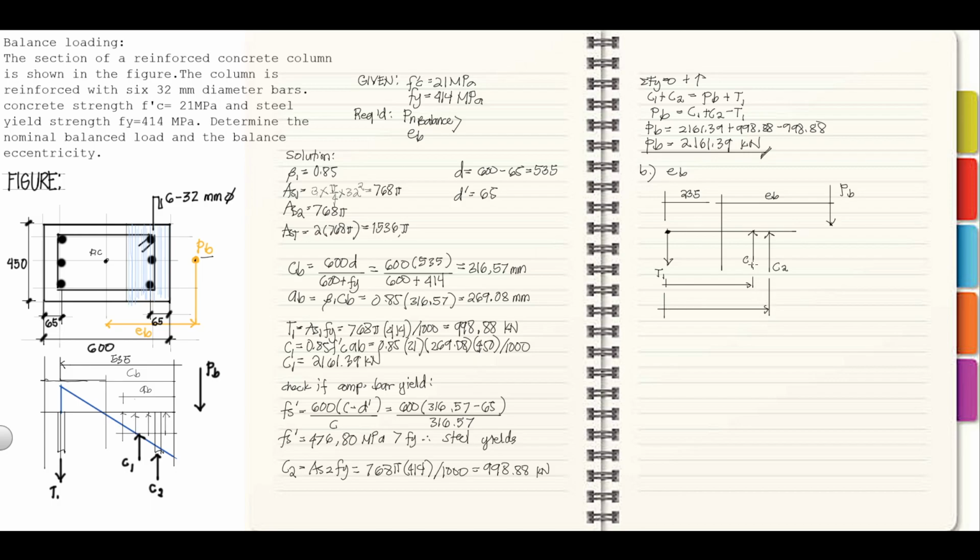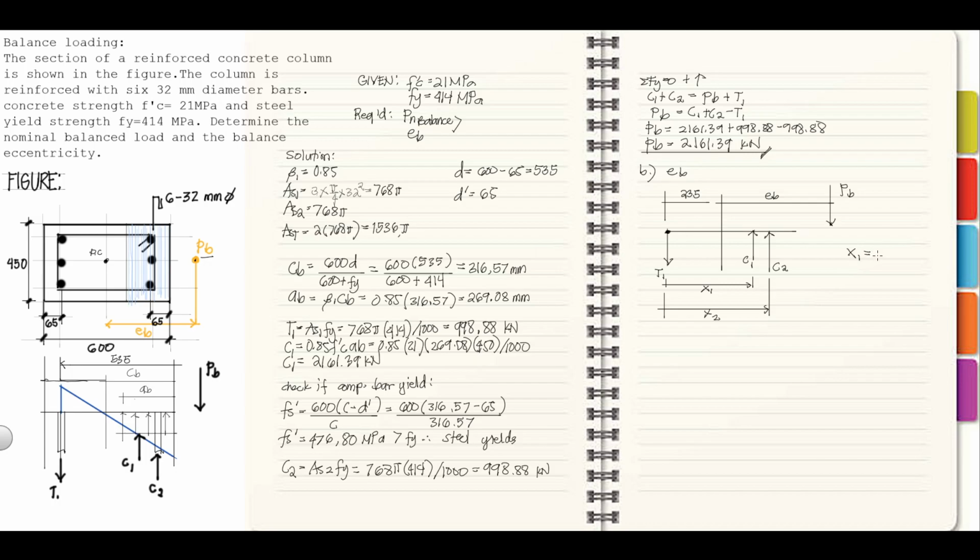Okay? So alam natin ng C1. Let's say this is X1 and this is X2. Tama ba? For X1, for the C1 here, ano yung magiging equation natin?